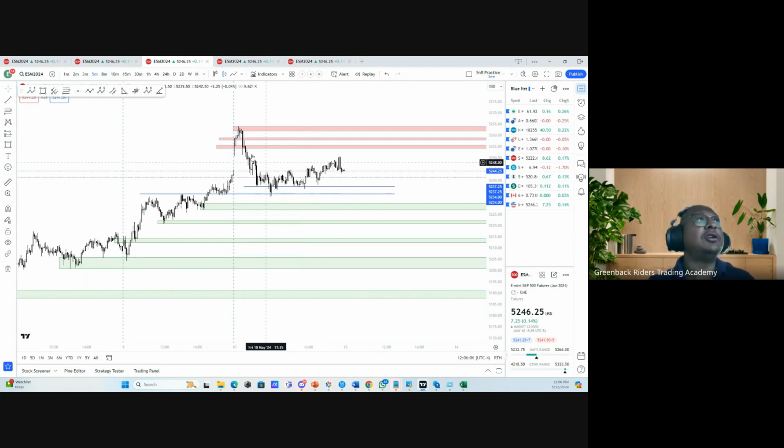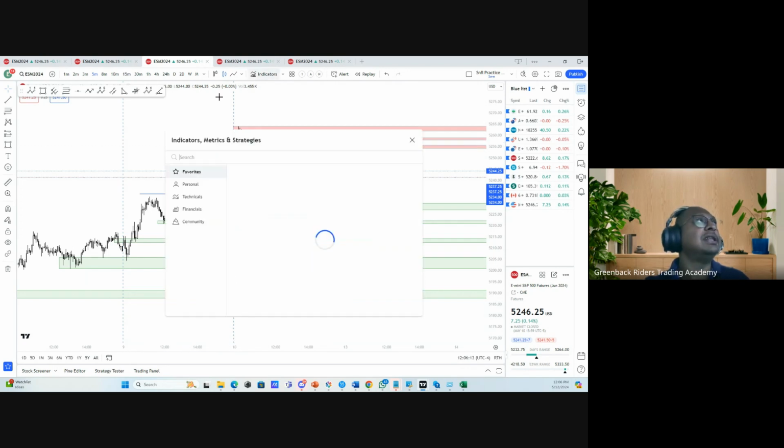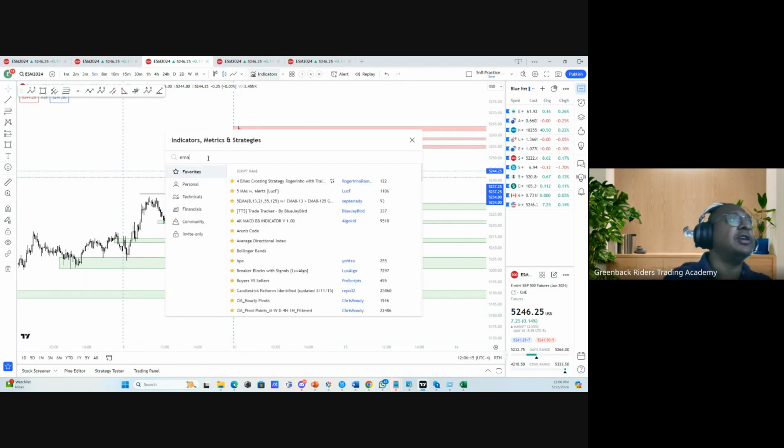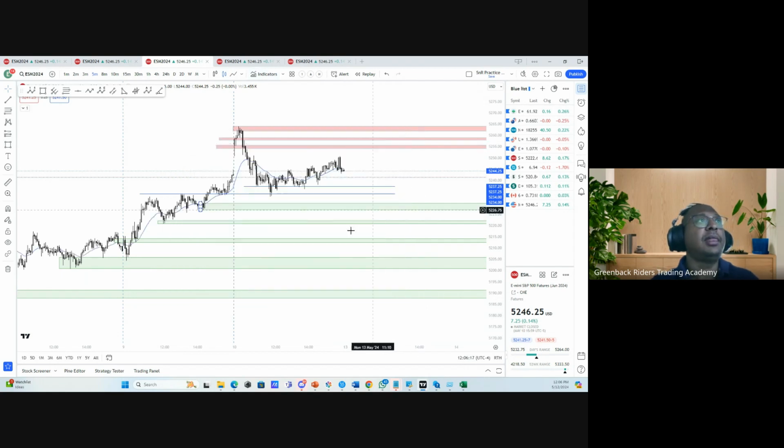Now, I will give you one trick. When you have such a long opening gap, right at 9:30, you will see that you are too far away from the EMA. As price action traders, as day traders, we do not initiate our trades too far away from the EMA.